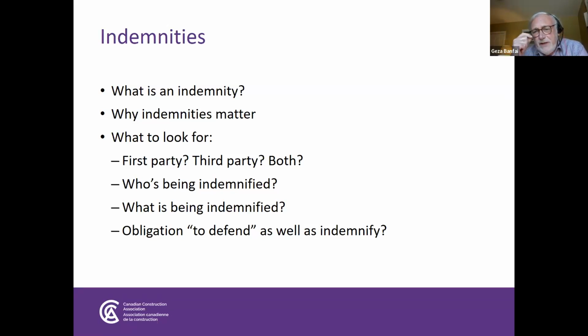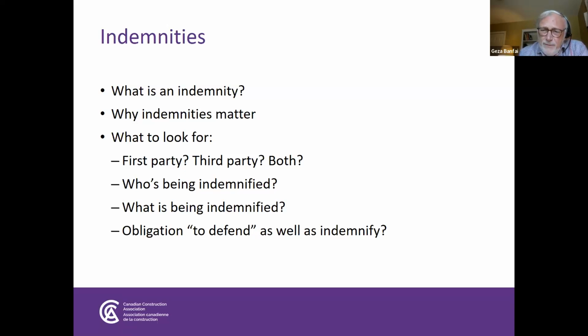And so what an indemnity does is it picks up that other category of obligations, duty of care, and ensures that if the GC is negligent without necessarily being in breach of the contract, but nonetheless negligent, that the owner is protected via the indemnity. So those are two reasons, among perhaps others, why we have indemnities.